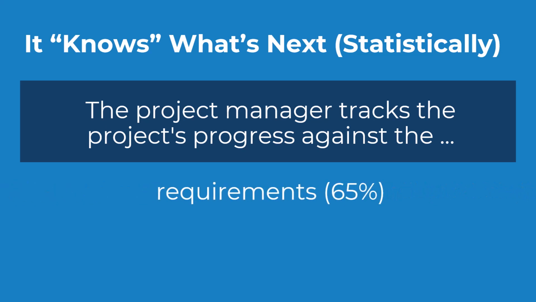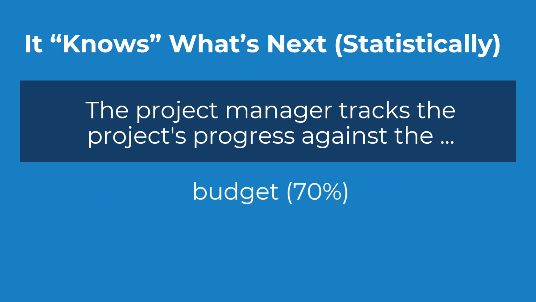Then the requirements. Yes, you can do that against the requirements. Check progress. Budget, that would work. Checking the budget against the progress, or rather the other way around. Then the schedule, 85%. Okay, we're getting better and better here. What's next? We have the baseline. Obviously, yes, the baseline with 99% is probably the right word here.